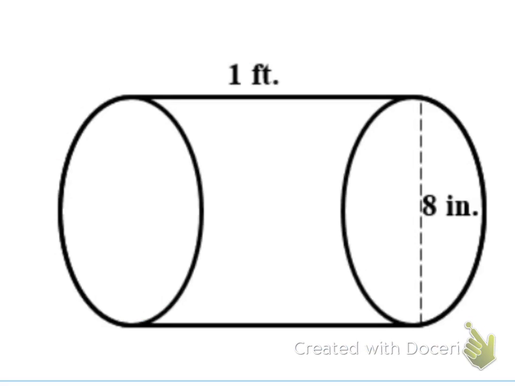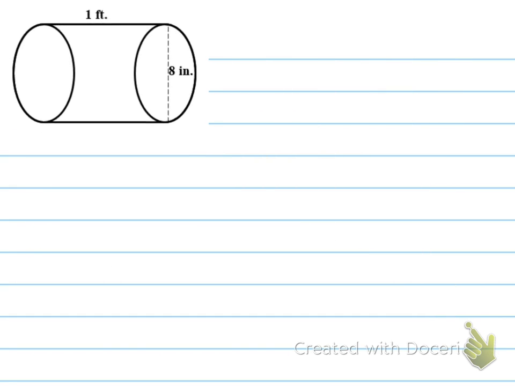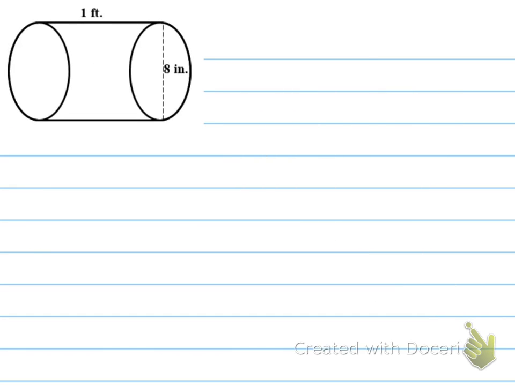The next one, let's have this cylinder laying down. So we still have V is equal to base times height. We're going to find our area of the base and our height. So let's list out our radius and our height over here. So radius here, they give me the entire thing.